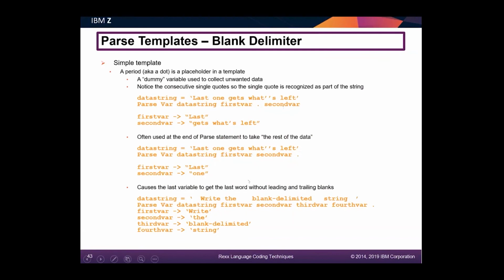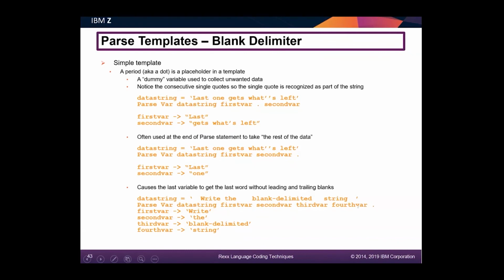What the dot at the end also does is it causes one more level of parsing to happen on the last set of data, and therefore that last piece of the string gets cleaned up. Remember on the previous slide, our problem string, the blank delimited string, had all these extra blanks in it. I now say parse the variable data string into the same first var, second var, third var, fourth var, but I've put a dot at the end.